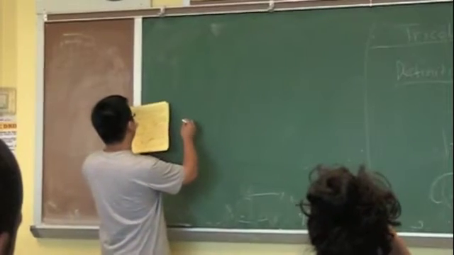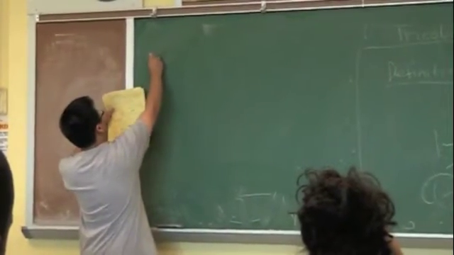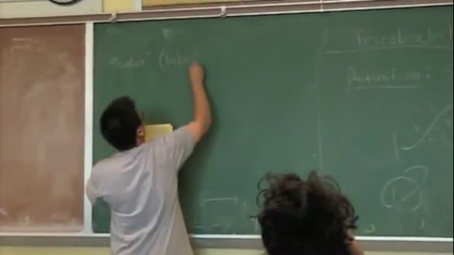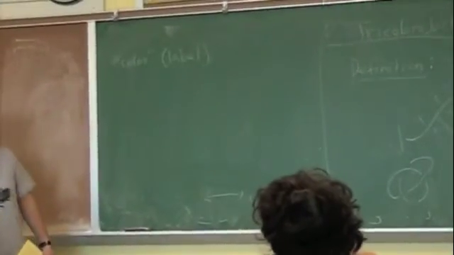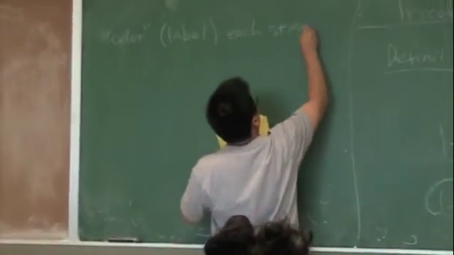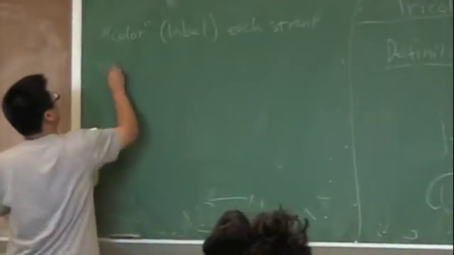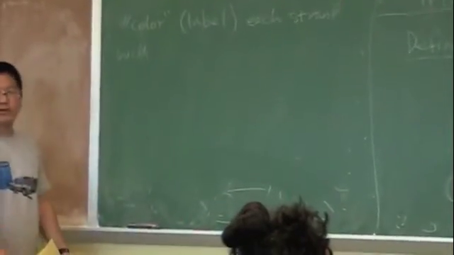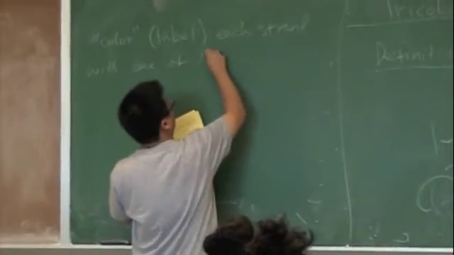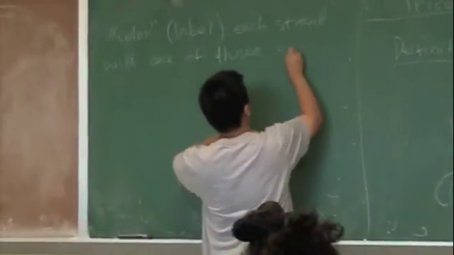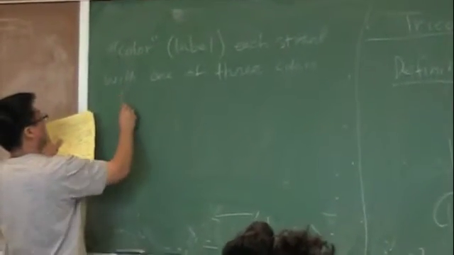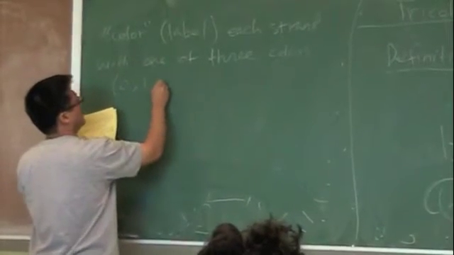Okay, so tricoloring. Here's the idea of coloring. Let's color. I put it in quotes because maybe it's not clear what it means, but really it just means label. Label each strand with one of three labels, and I'm just going to call them colors, with one of three colors, and I'll call them 0, 1, or 2.